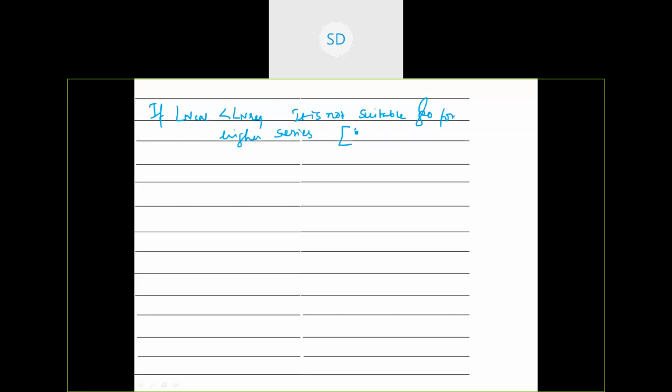Higher series means you go for 45 BC03. Again, if it does not satisfy, you go for 45 BC04. If it still does not satisfy, then the last suggestion is to change the dimensions.